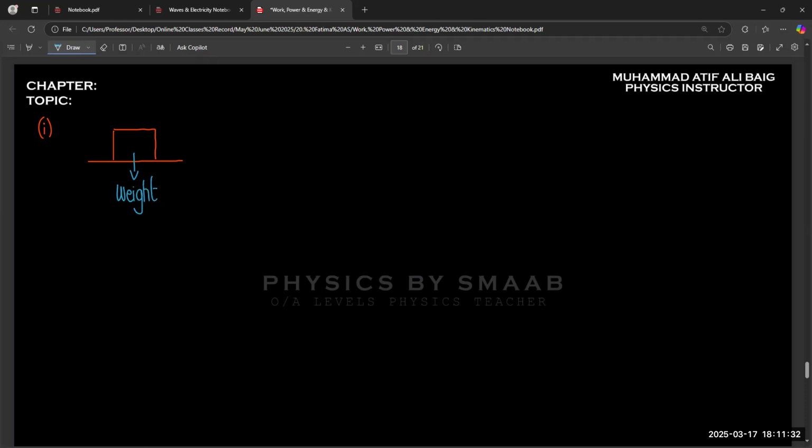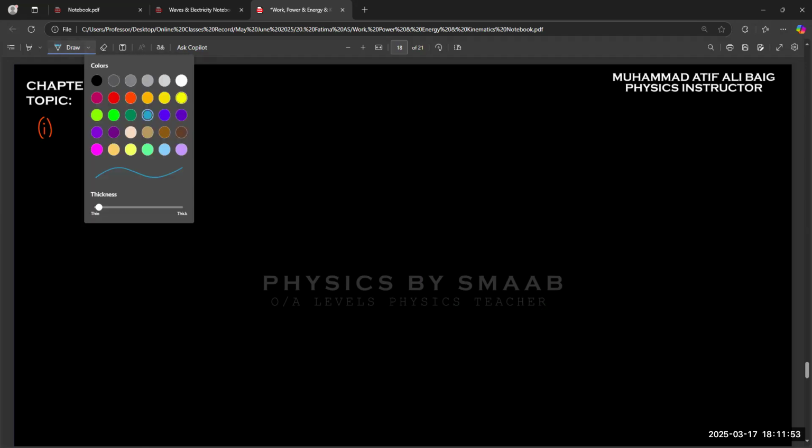Let's suppose this is the weight of the body and this is the normal reaction. Basically, both forces are on the same object, like on the box. So both forces are acting on the box.